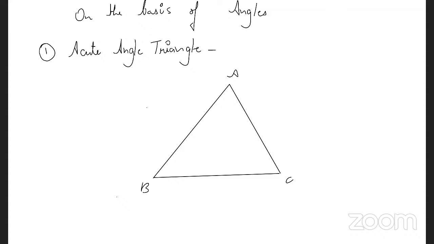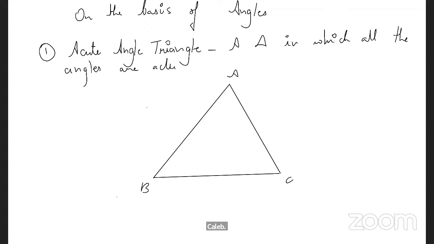You can write it: a triangle in which all the angles are acute angles. Scalene triangles, isosceles triangles and equilateral triangles can be acute triangles.